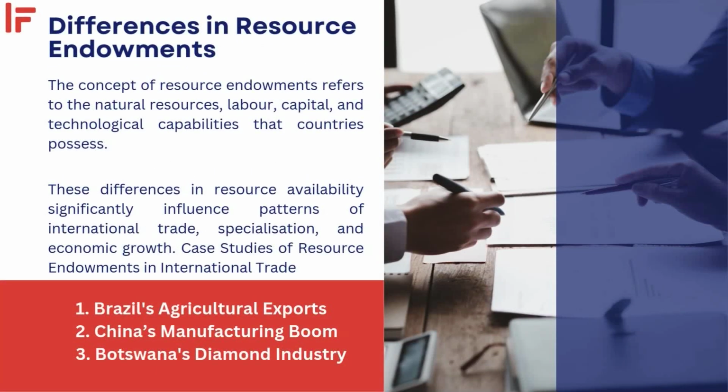Now, another important feature of international trade is the differences in resource endowment. So it is obvious that each country has their own advantage in different kinds of resources. The resource endowment in different countries is different. In some countries, some of the resources are very abundant as compared to other countries, and in some countries, some of the resources are scarce.